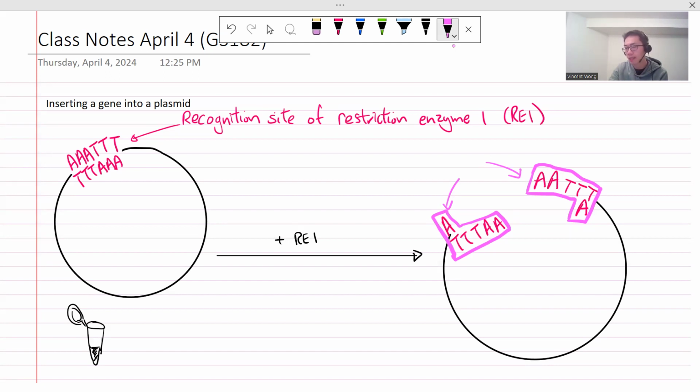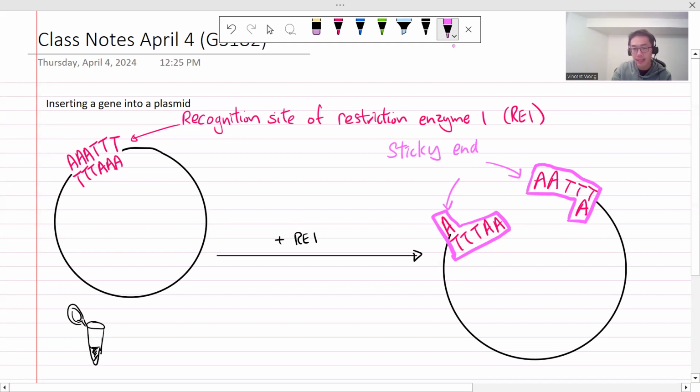They are fragments. Yep, they were a recognition site, but then I didn't cut them straight. I cut them zigzag, so they create those things. What do you call those things that can come back together? Sticky ends. That's right.